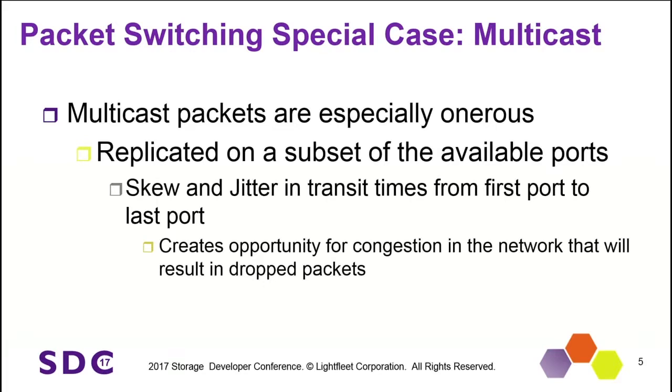I want to talk a little bit about the special case of multicast. Multicast packets in a routable network switch today are particularly onerous, primarily because multicast was lost when we went from bus-based topologies to star-based topologies.